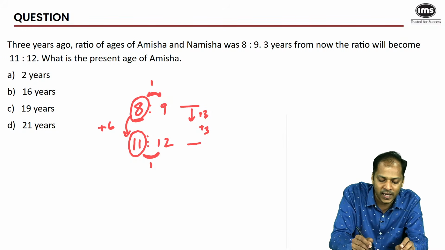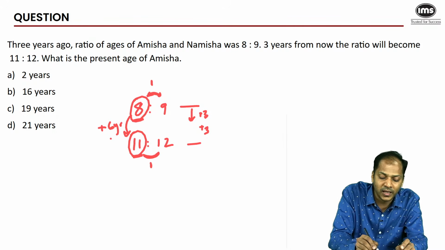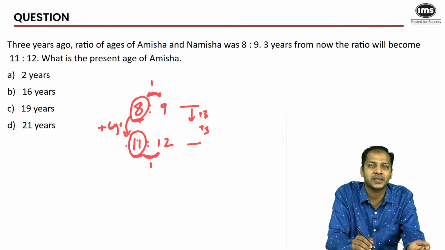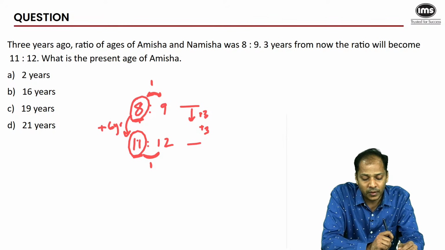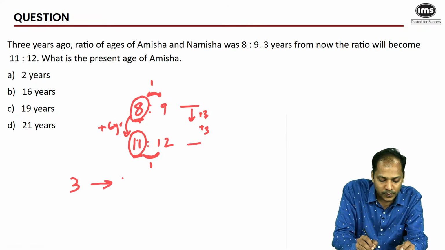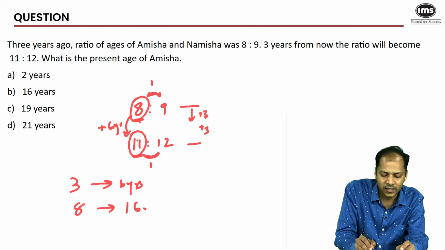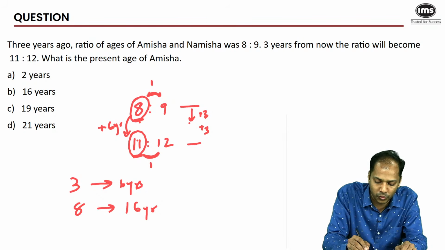So earlier the age was 8 parts, now it is 11 parts, and the age has actually increased by 6 years. So from 8 to 11, 3 parts represent 6 years. What is the present age of Namisha? 3 parts represent 6 years, therefore 8 parts represent 16 years, plus 3 years to reach the present age.